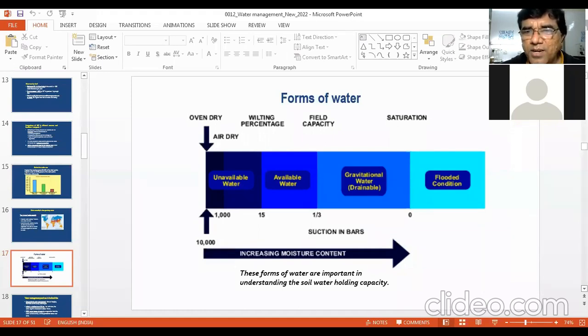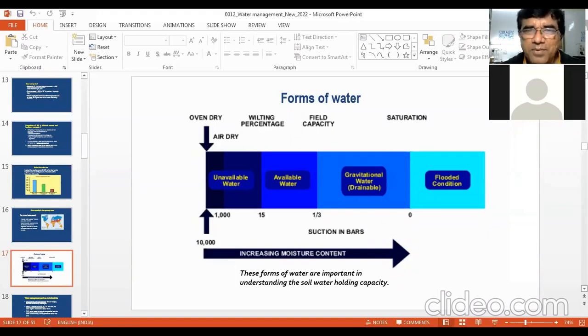When you have flooding condition, the moisture potential is 0. And when the water is drained by gravitational force, then comes your field capacity at 1/3 or 0.33 bar moisture tension. And then up to 15 bar, the wilting percentage, your water is available, which is known as available water. And after 15 bar, water is very tightly held and it is unavailable water. So this is very simple terminology of forms of water you might be knowing.